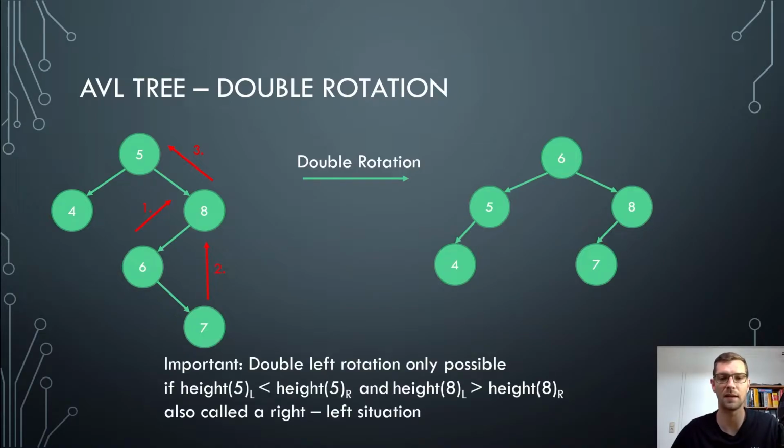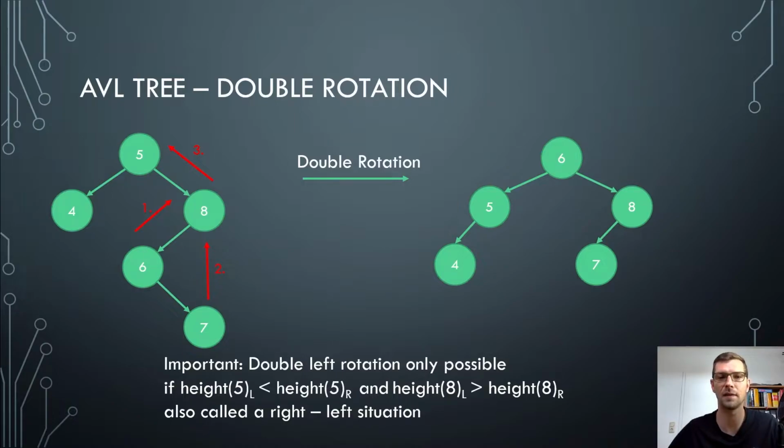Alright, and the condition for that is that the left height of the subtree of the 5 is smaller than the right, and the left subtree of the 8 is larger or equal to the right.